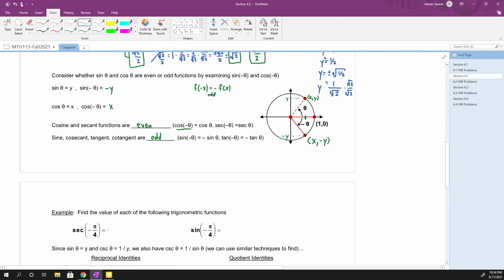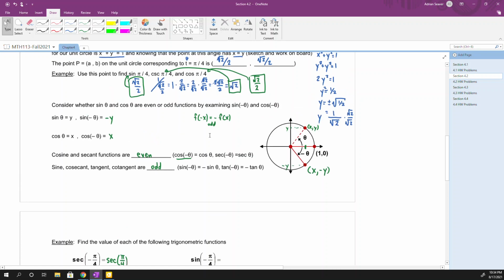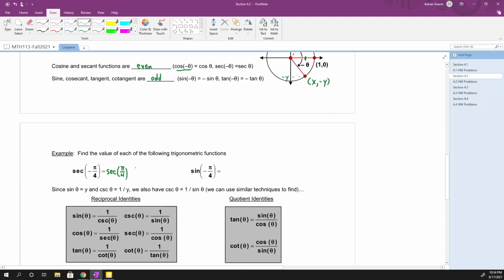Okay, so that's helpful a little bit if you think about, well, the secant of negative pi over 4, because it's an even function, I would say that's the same as the secant of pi over 4. What is the secant of pi over 4? Well, the cosine was square root of 2 over 2, so it would be 1 over square root of 2 over 2, which is going to be the same as 2 over square root of 2, and we just found the same thing earlier.